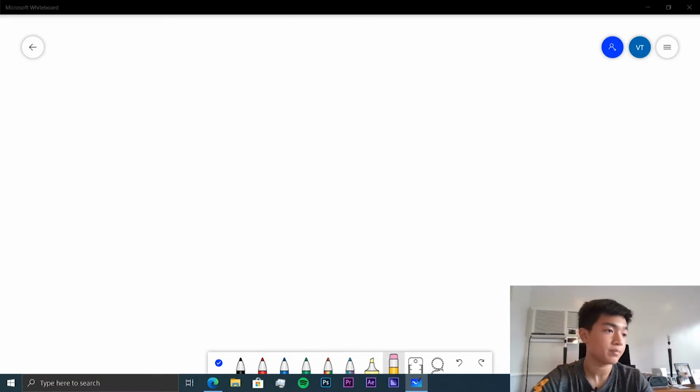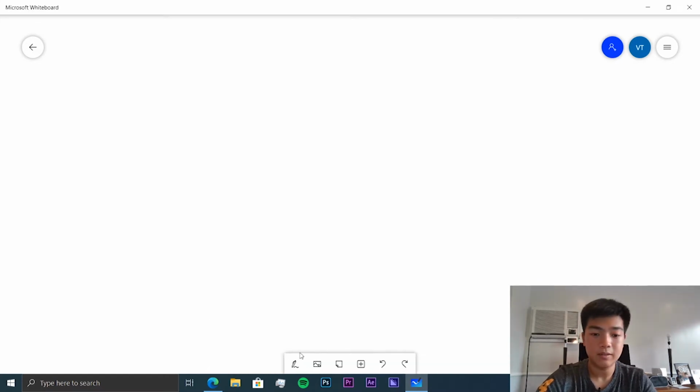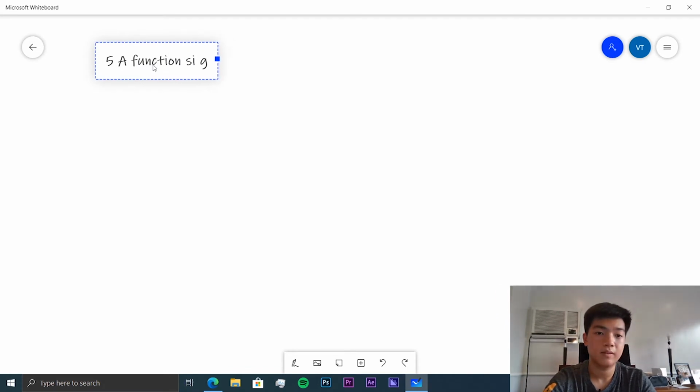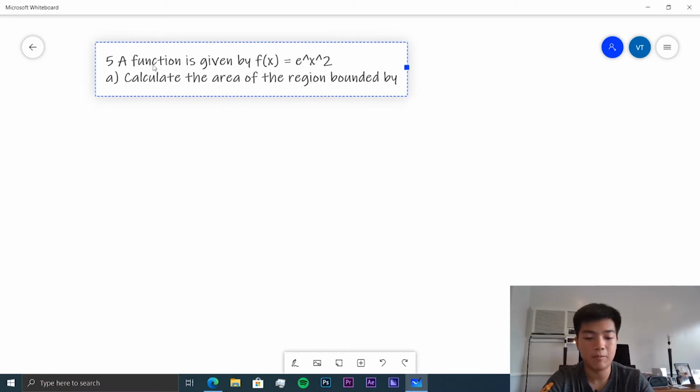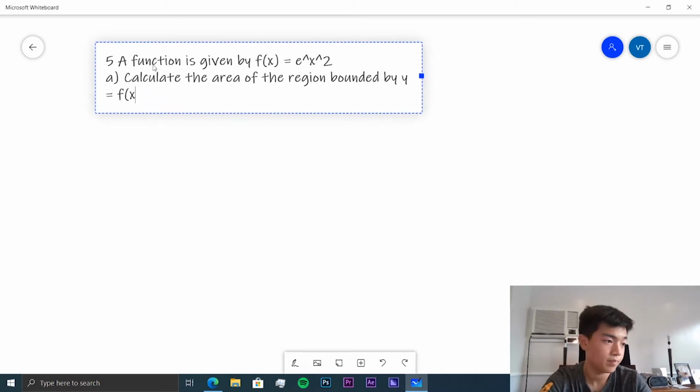Okay, nice. So next question, we have a function given by f of x is equal to e to the power of x to the power of 2. First, calculate the area of the region bounded by y is equal to f of x, y is equal to 0, y is equal to 1, x is equal to -1, and x is equal to 1.